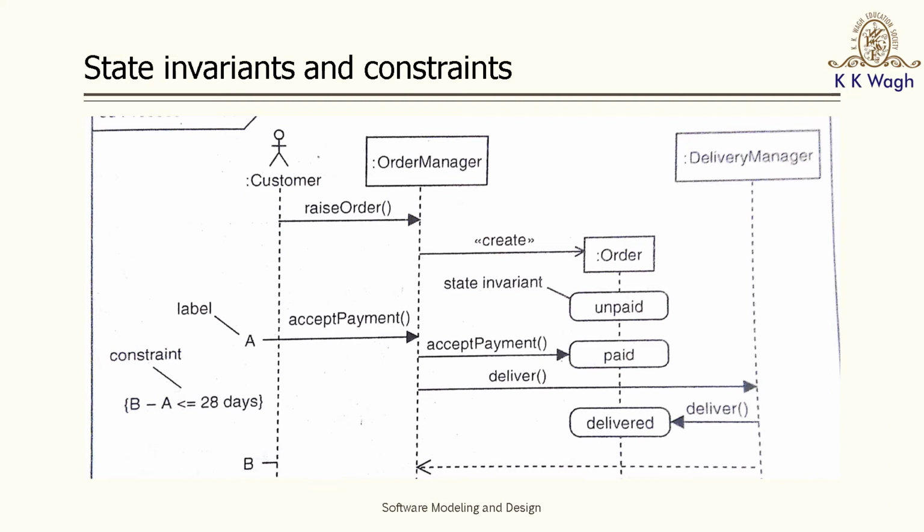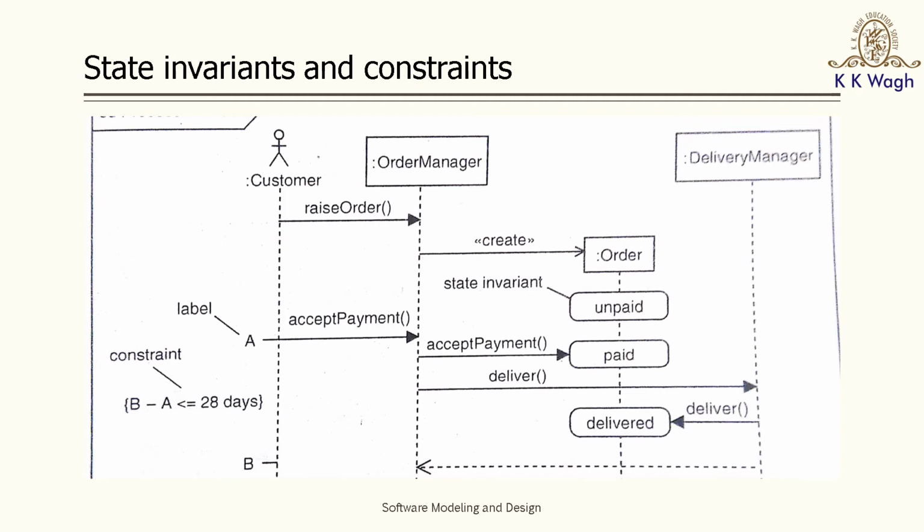Now in this figure there are some constraints which are applied. The first is the order. This is basically an order management system, which is managed by the customer, the order management manager and the delivery manager. The constraints here are: the order must be paid for in full by a single payment.